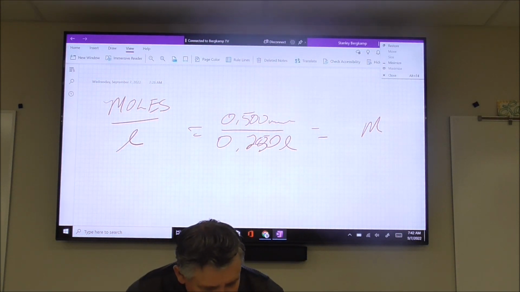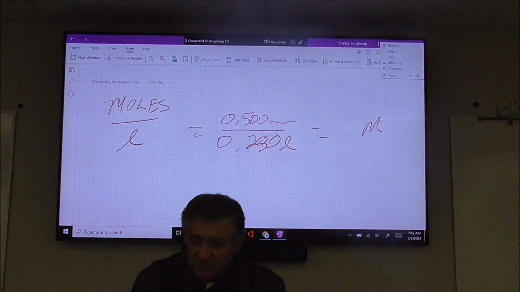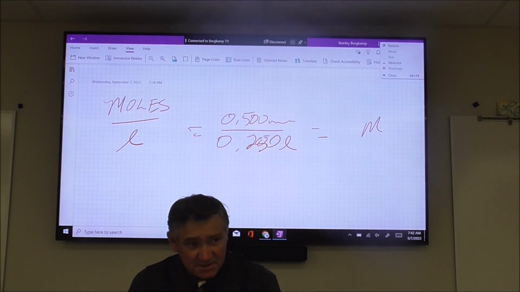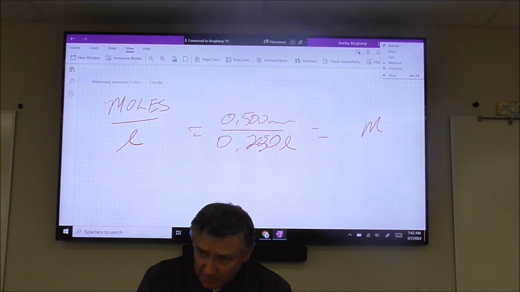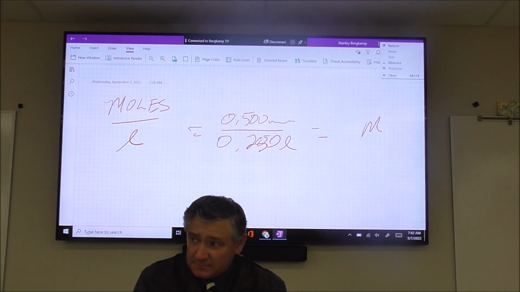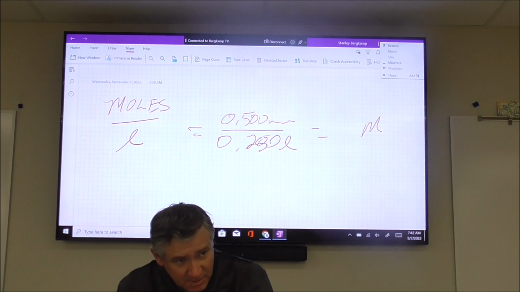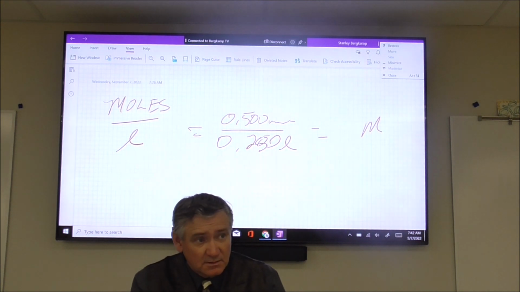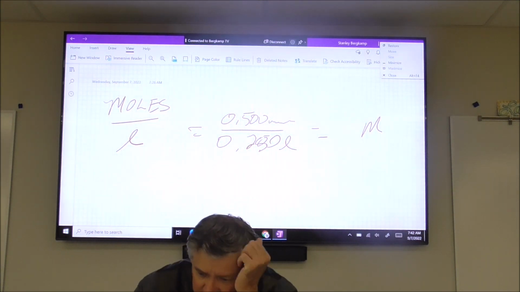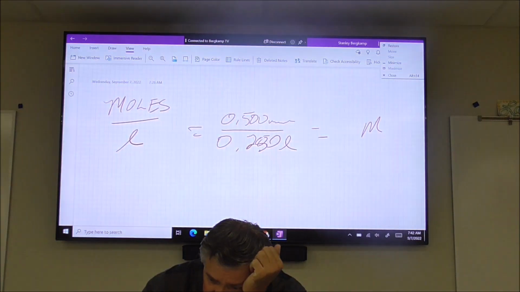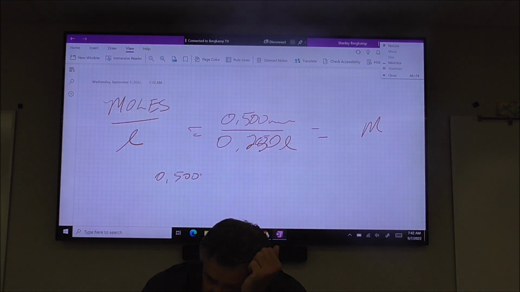So then on number 2, it's just a little bit more complicated. Why is 2 a little bit more complicated than problem number 1? Yeah, but what's the relationship between cubic centimeters and liters? Yeah, there's 1,000. So what I would do is that you still got this 0.5 moles, right?